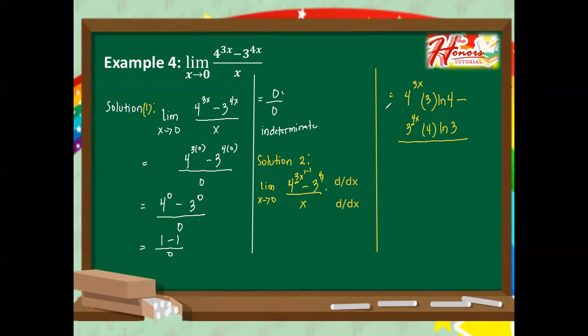So that is 1 here. And then for our exponent here, that's 1 minus 1, so that's 0. So no need for us to write x raised to 0 because that is equal to 1. Okay, then let's continue solving for this.